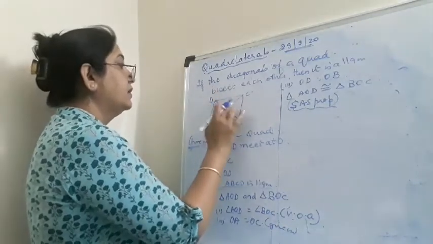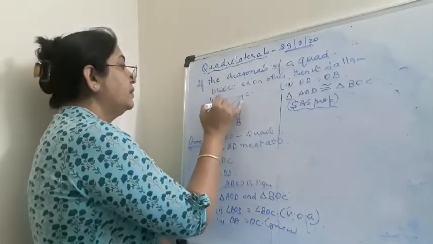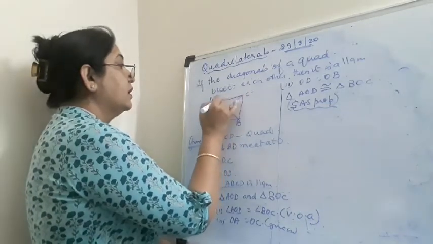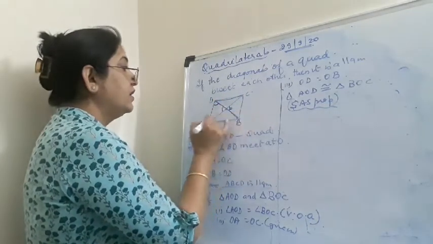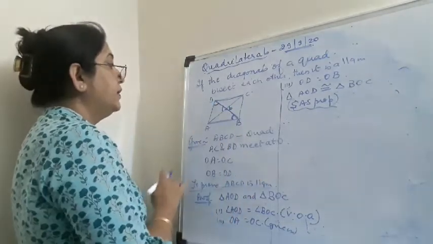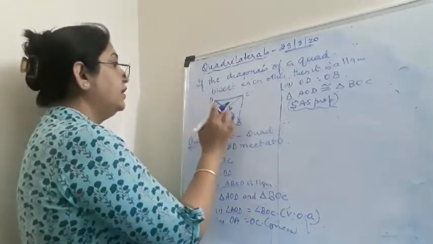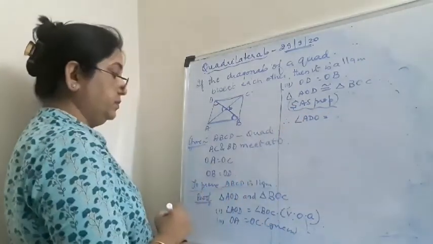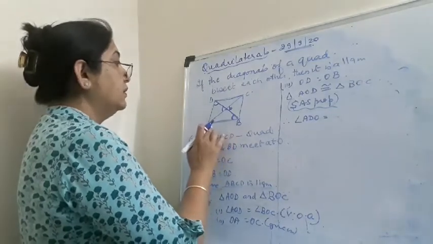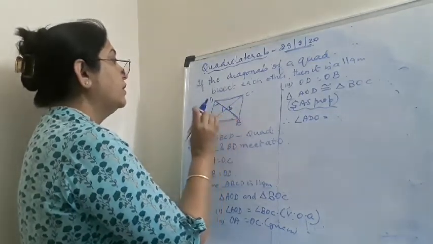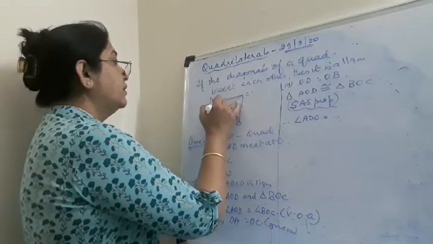or we can mark this angle, right, is equal to which angle? This one. So therefore angle ADO, yes, is equal to angle, wait, sorry, which one?